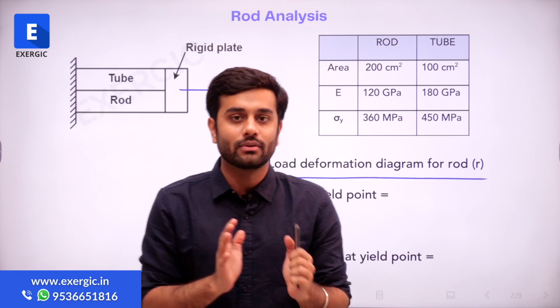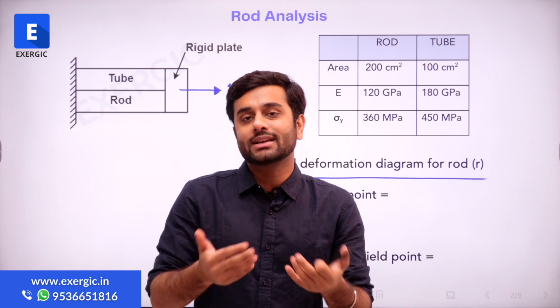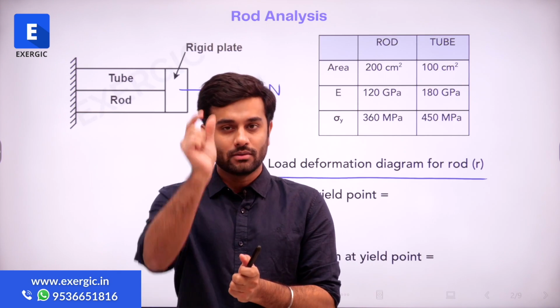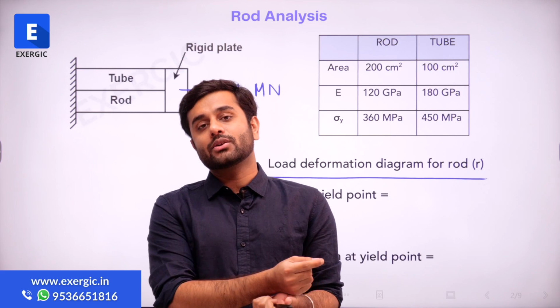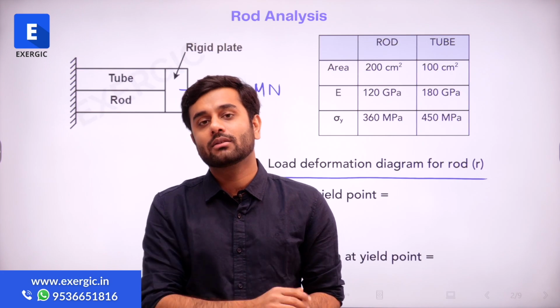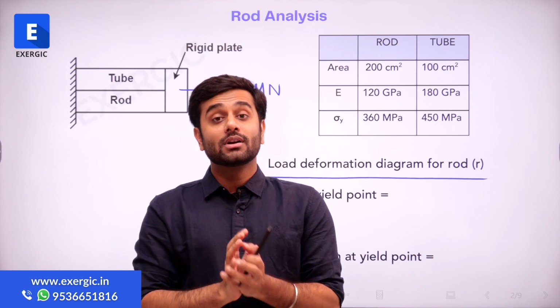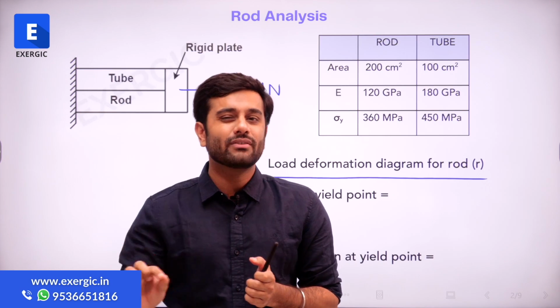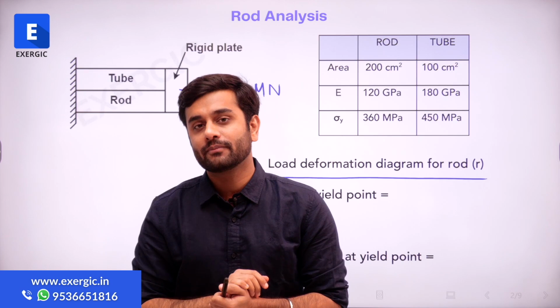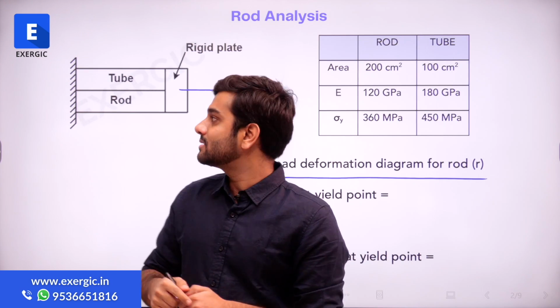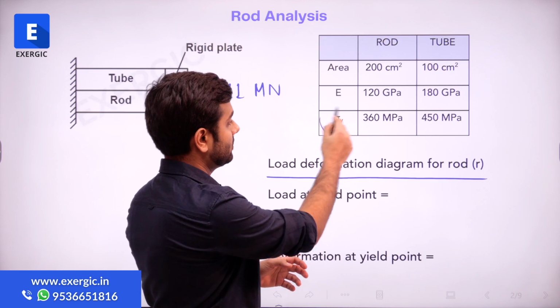Now in a load deformation curve, what exactly do we have? We have an axis of load, which is P, other axis of deformation or deflection, which is del, right? So these two values we need to find out at critical points so that we can draw the curve of this, right? What are some critical points? In this question, the yield strength is the critical point, right?